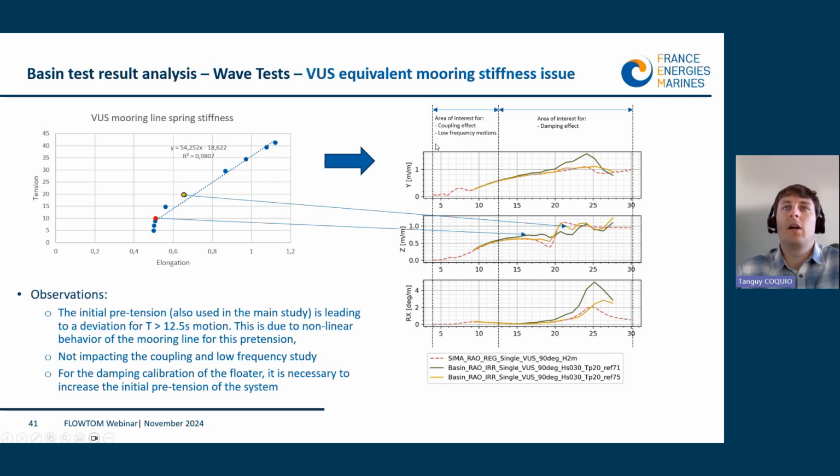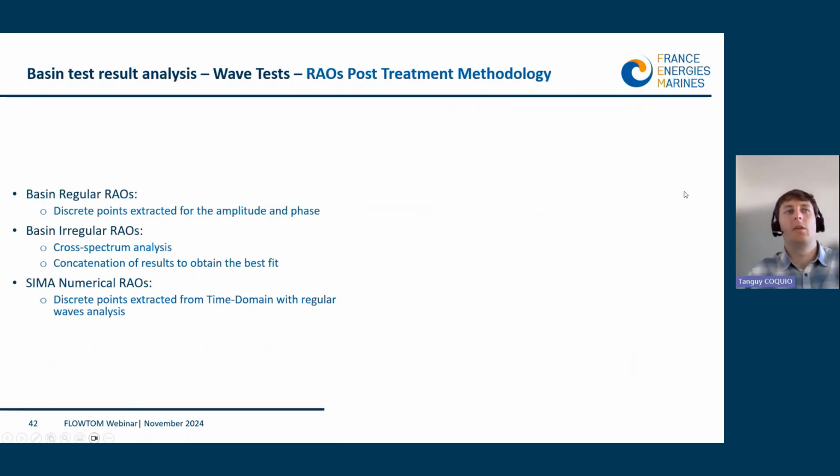These two effects happen in the low period range, so before 15 seconds or even 20 seconds, and in this range the non-linearity issue is not impacting the results at all. So that's good for us. But for the damping effect on the Voltern USS in particular, it's difficult to conclude around 20 seconds. So just keep that in mind for the next part.